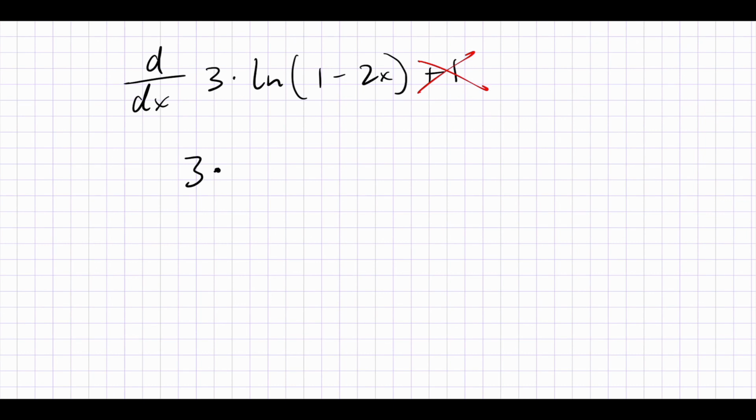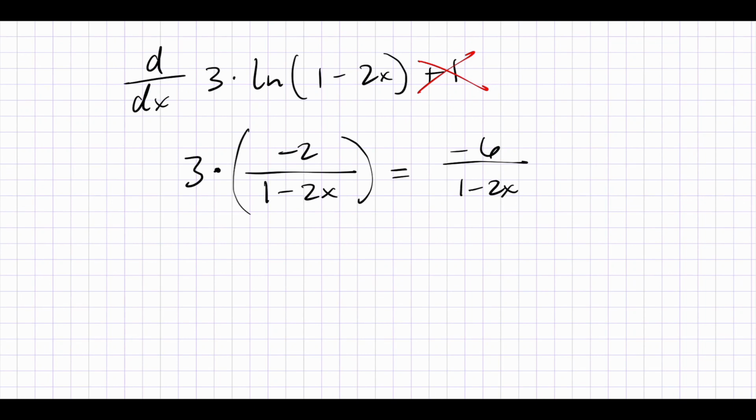So we have 3 times the derivative of natural log, which is whatever is in the stuff you put on the bottom, and then the top is the derivative of that stuff, -2. Multiply 3 times -2, you get -6 over 1 minus 2x. That's the derivative.